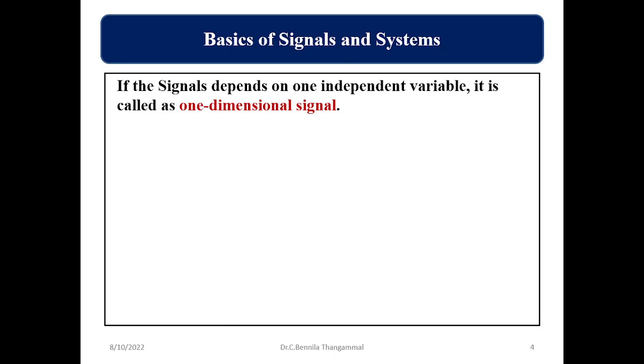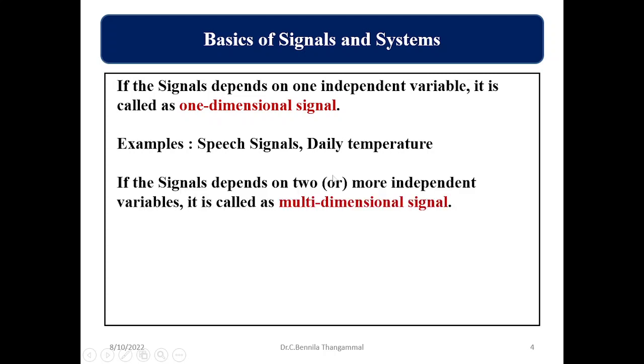If the signal depends on one independent variable, it is called a one-dimensional signal. Examples: speech signals, daily temperature, etc. Speech signals depend on frequency and daily temperature depends upon time. If the signal depends on two or more independent variables, it is called a multidimensional signal. Example: digital photograph.